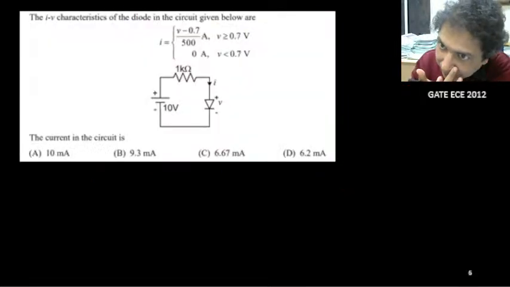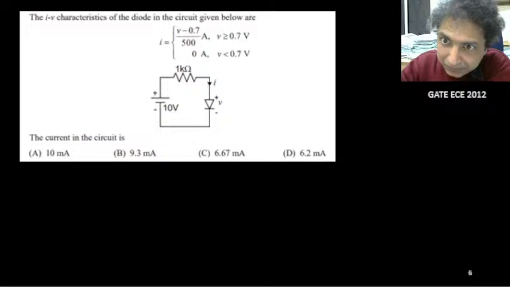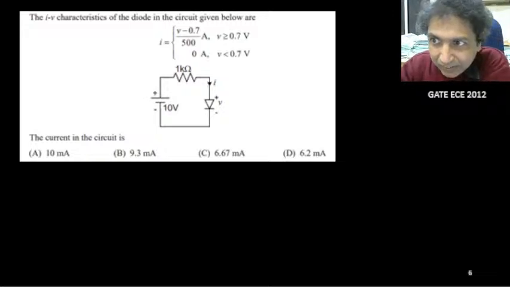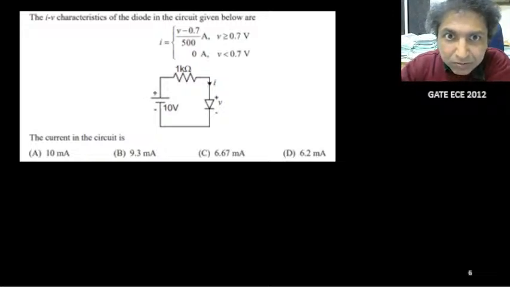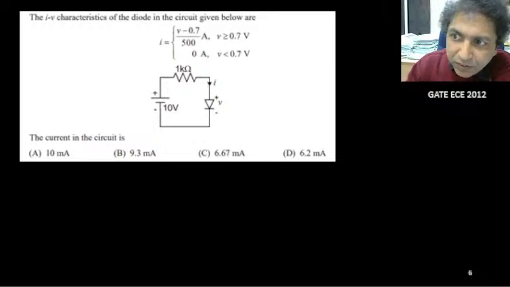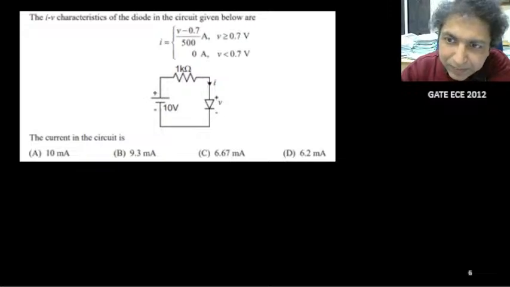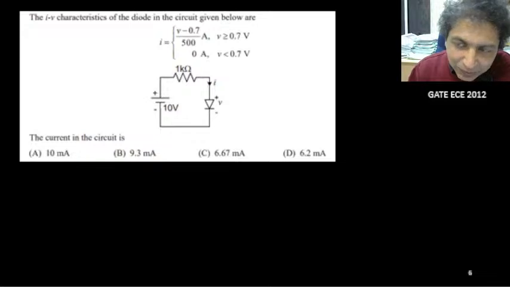Now this is the next problem. This problem appeared in GATE ECE 2012. I have considered a practical diode, but this time they have given a model for the diode.